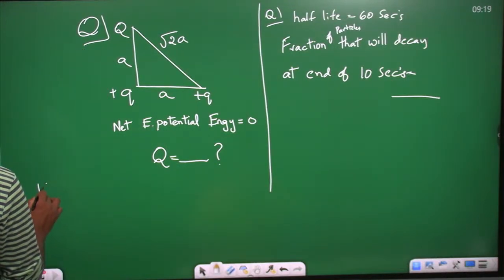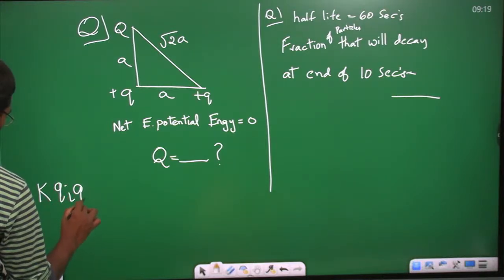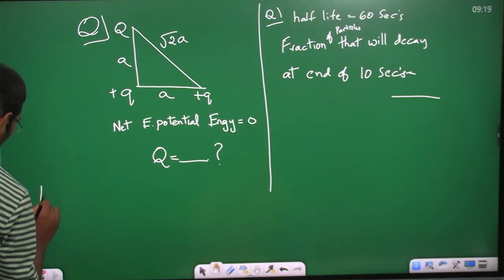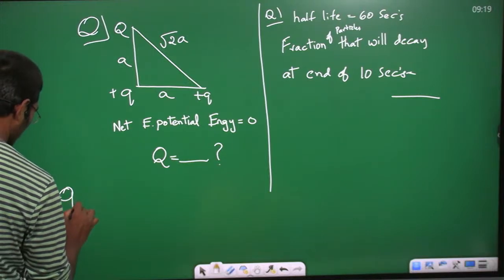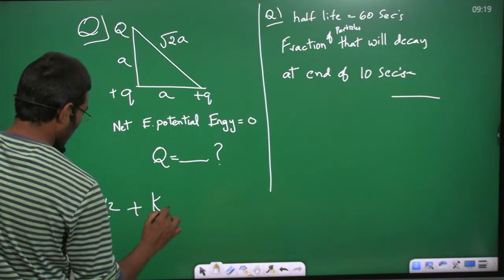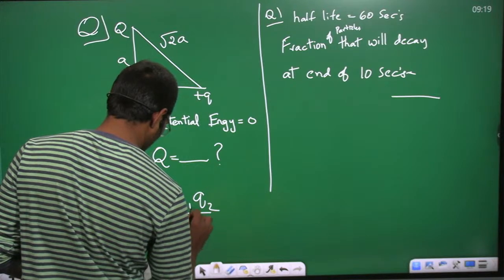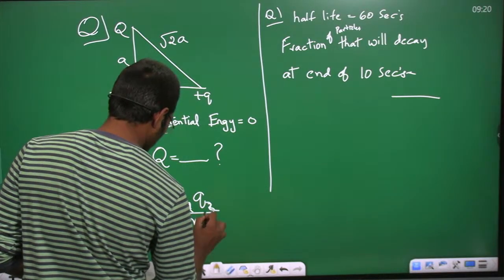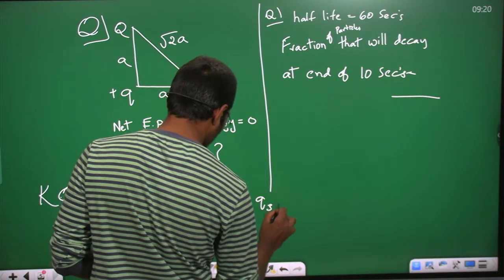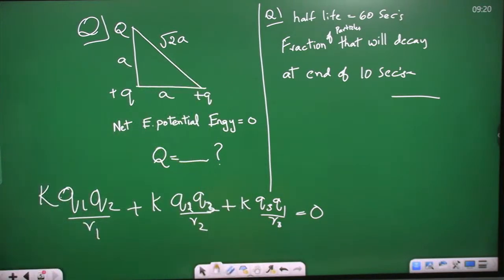See, it is nothing but K Q1 Q2 by R, plus K Q2 Q3 by R2 plus K Q3 Q1 by R3, right?